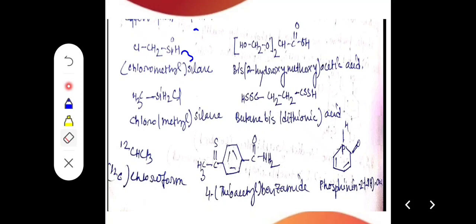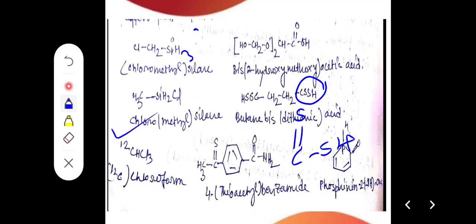So we have to consider this bis term, that is dithionic, in the first bracket, or small bracket. Thionic acid means nothing but C double bond O, where this O is replaced by S, and OH is replaced by thiol group SH. That should be termed as thionic acid.